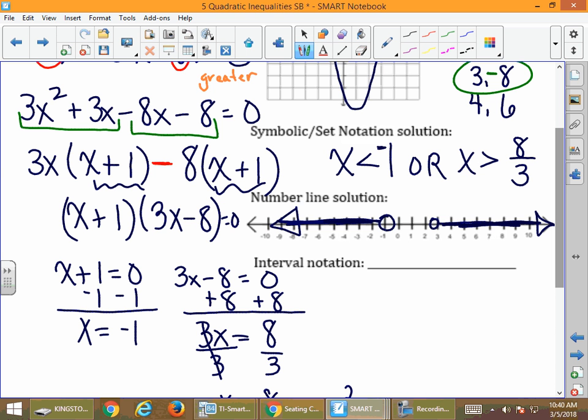And finally, for our interval notation, we're going to say negative infinity to negative 1. Again, no equals in this particular case, so they're all going to be parentheses. Joined with, that's the union, the U symbol, 8/3 to infinity with parentheses.